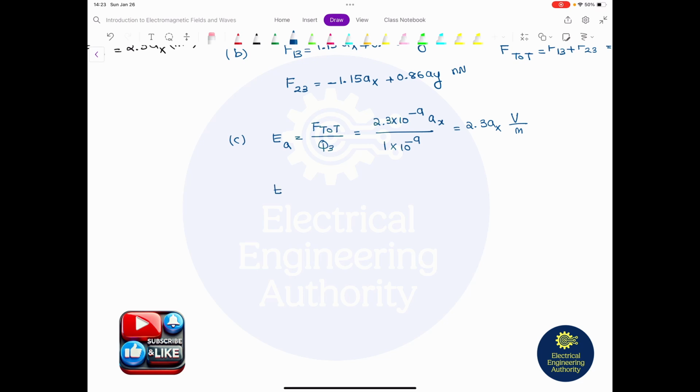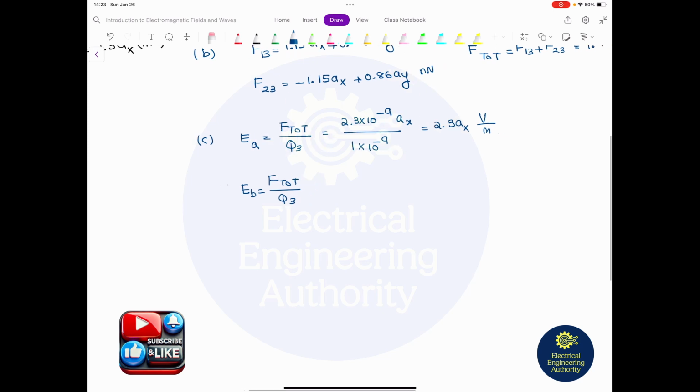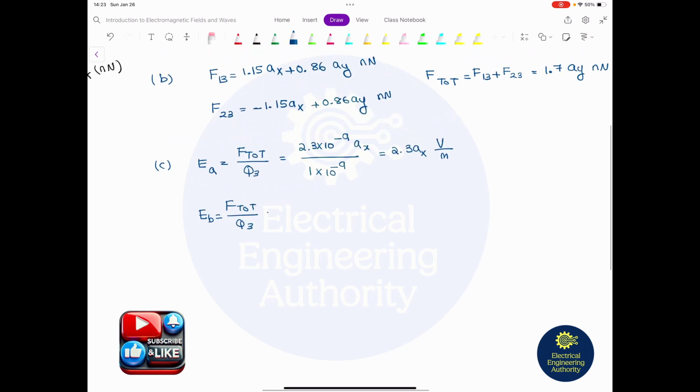And E for part B is the F total of part B over Q3. That was 1.7 AY times 10 to the negative 9, over 1 multiplied by 10 to the negative 9, so that would be 1.7 AY volt per meter.